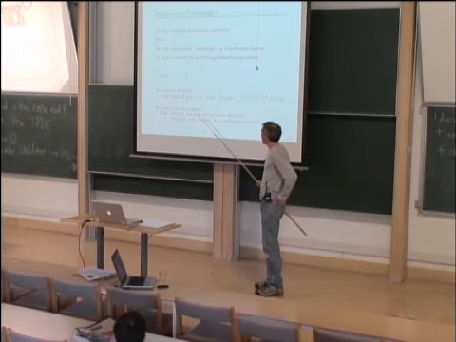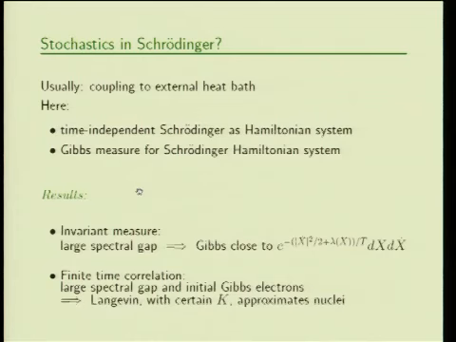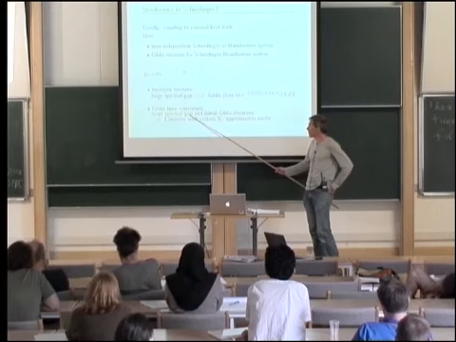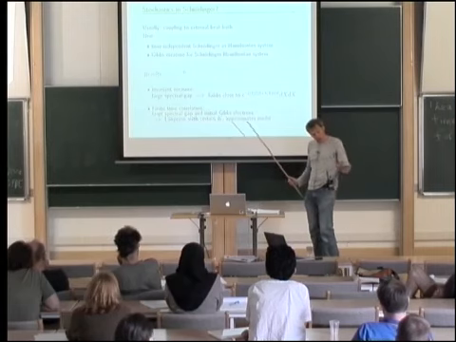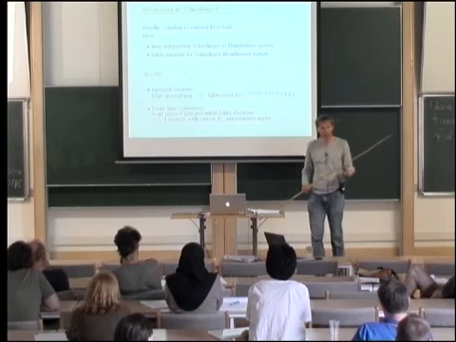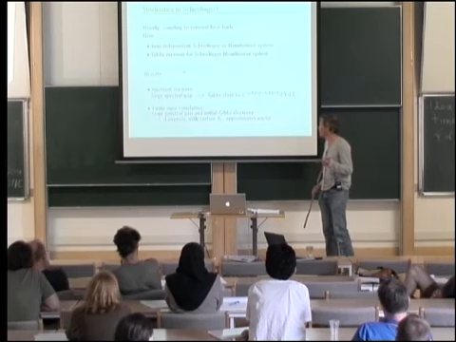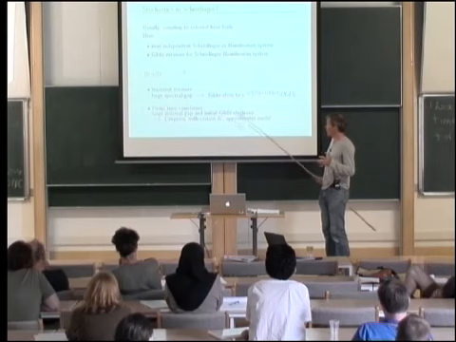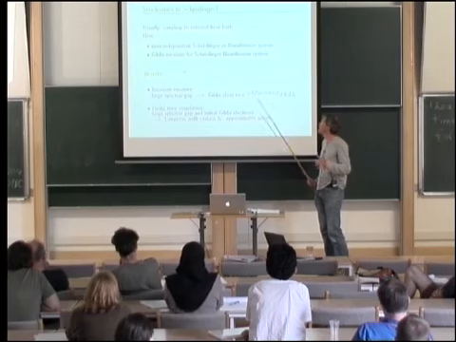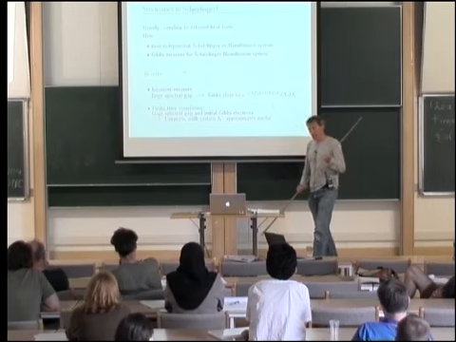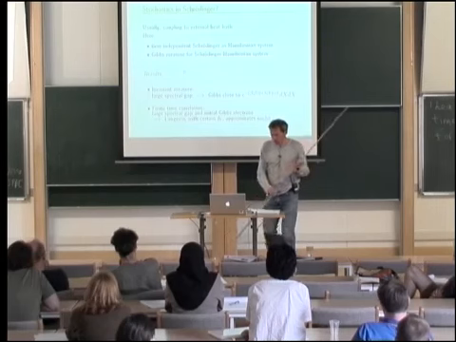And then there is something about the dynamics, the time correlation. If there is a spectral gap and we start with electrons initially in a Gibbs distribution, then for finite time the Langevin dynamics approximates the Ehrenfest dynamics, which is a variant of Schrödinger.